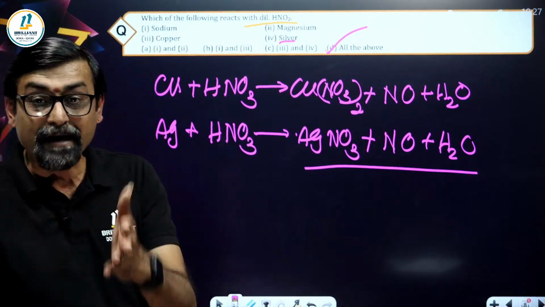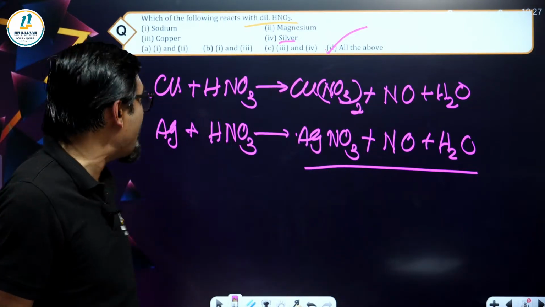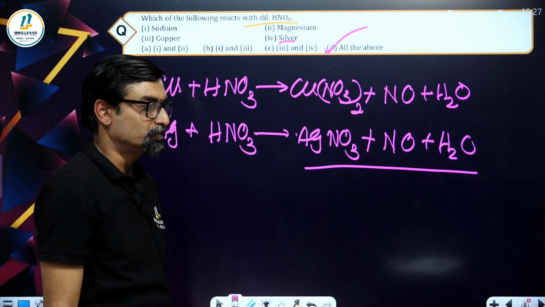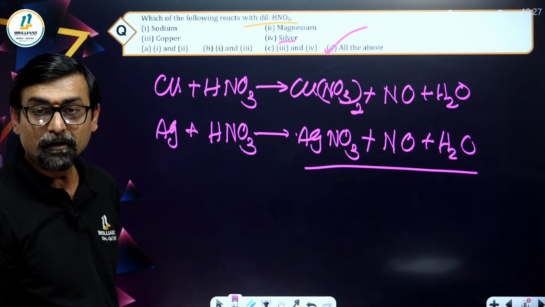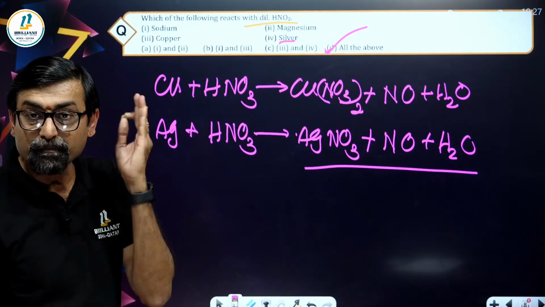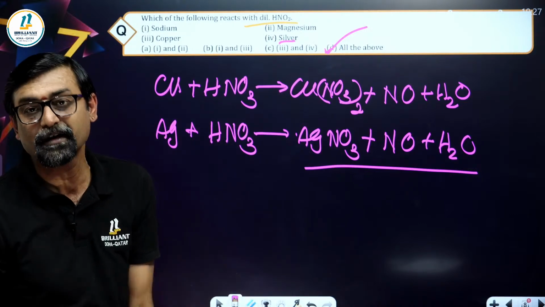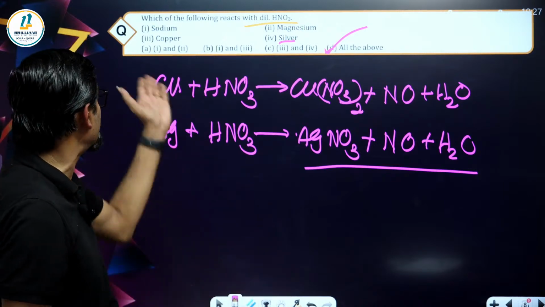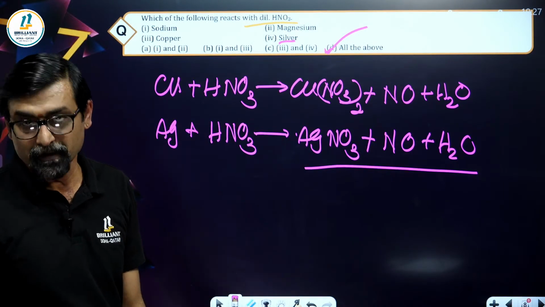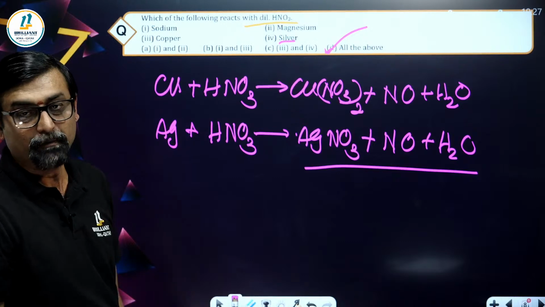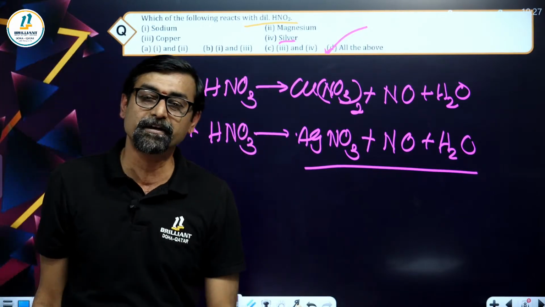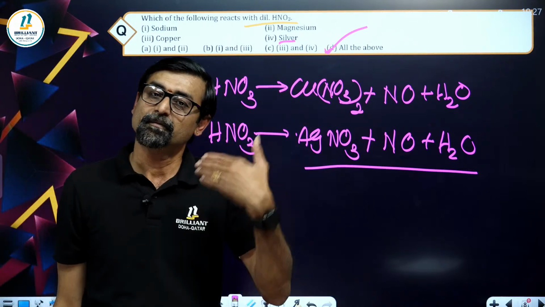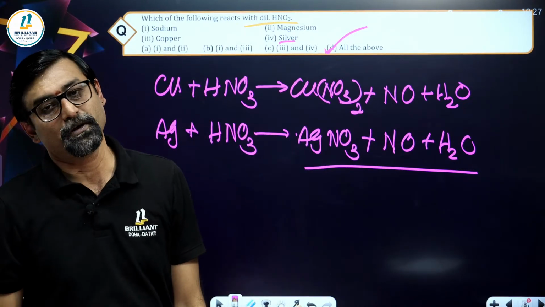Am I clear, children? Reactivity is feasible with copper and silver, so the option is all the above. Nitric acid makes the reaction occur in the case of copper and silver, giving oxides of nitrogen. Magnesium forms magnesium nitrate plus hydrogen. Sodium forms sodium nitrate plus water.